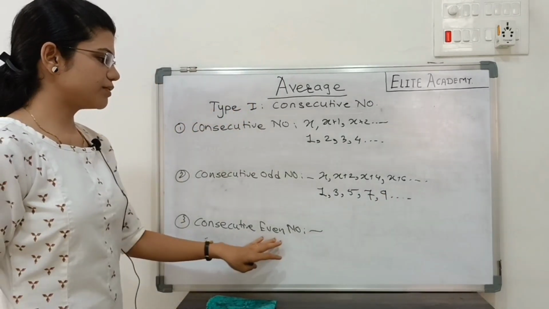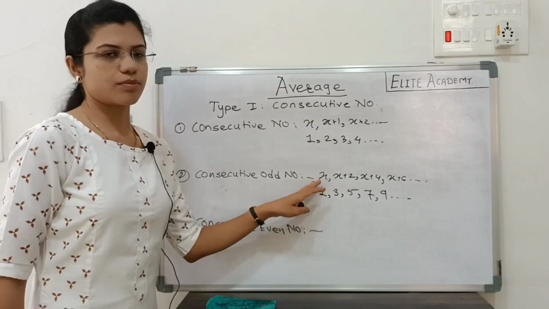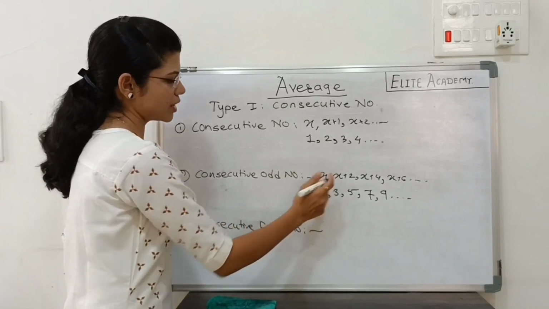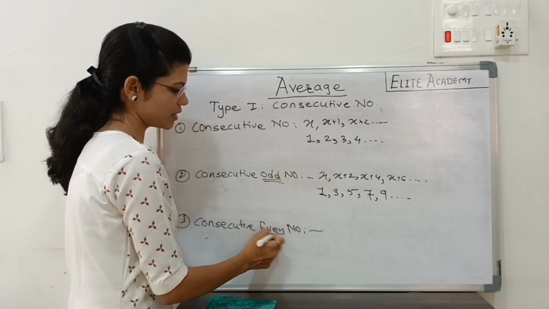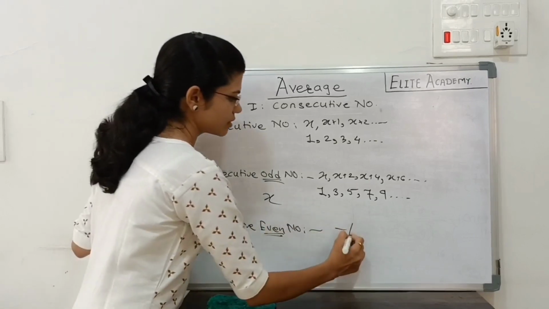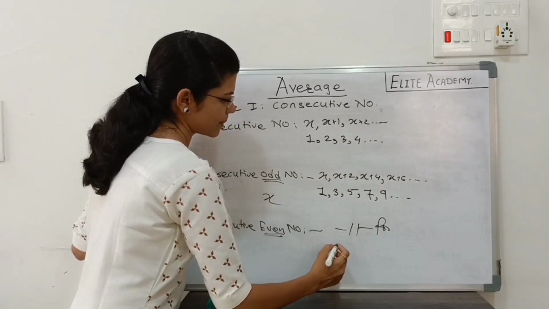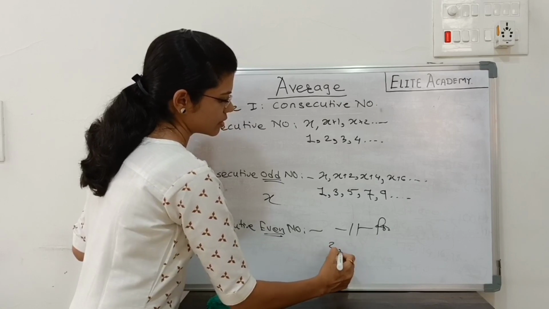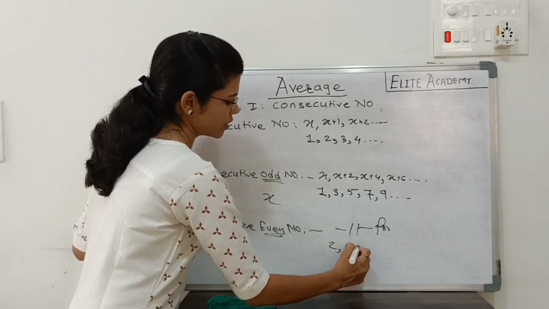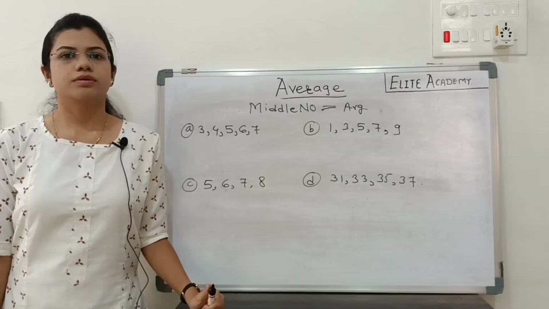For consecutive even numbers, the formula is the same as that of the odd numbers. Only the odd and even depend on the value of x. For example, 2, 4, 6, 8 and so on.